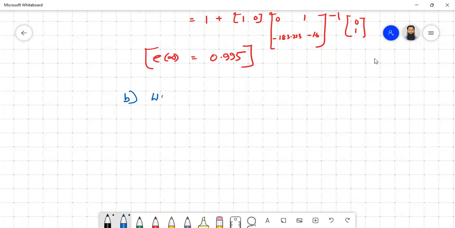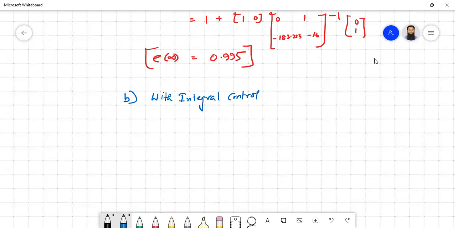So now we have to use integral control. And then finally, again, you have to find the steady state error and the value of that. So let's start with this one.